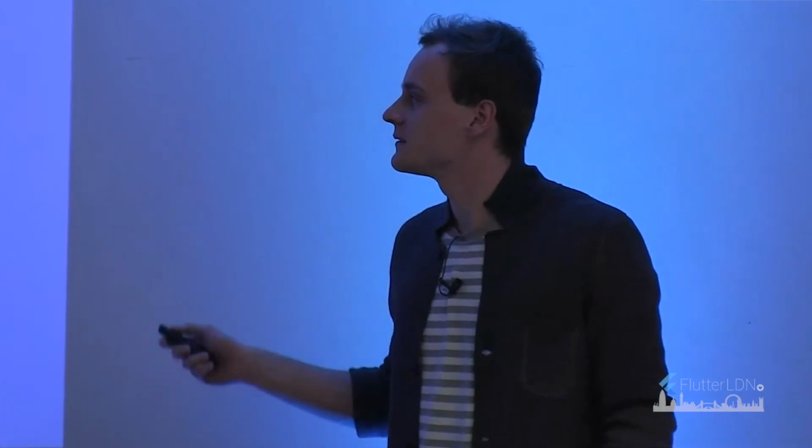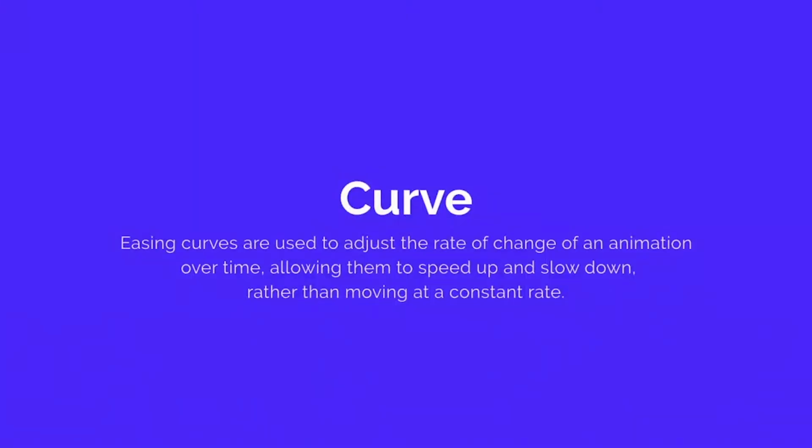And this is achieved by the curve, and those easing curves are used to adjust the range. This is the definition. It's probably way more accurate than what I just said. The rate of change of an animation over time, allowing to speed up and slow down rather than moving at a constant time. And also here, we have the code for our red dot.